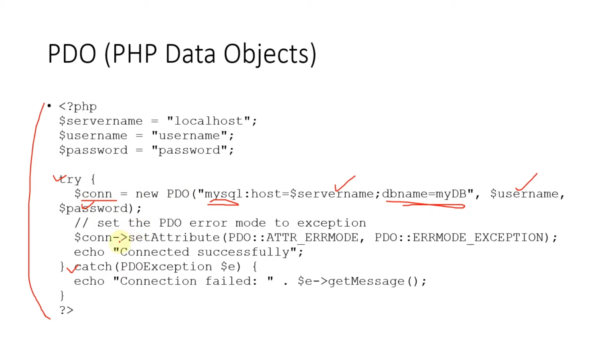So for that purpose we use the object operator. It is used in object scope to access methods and properties of an object.